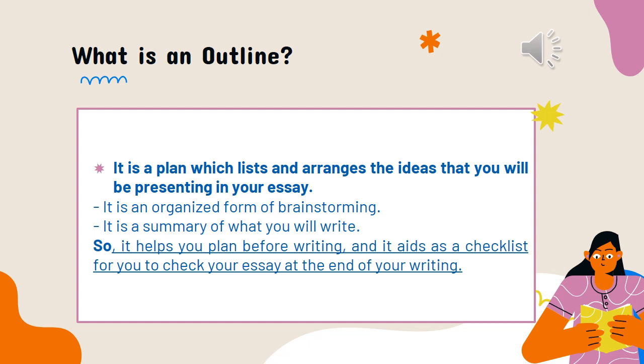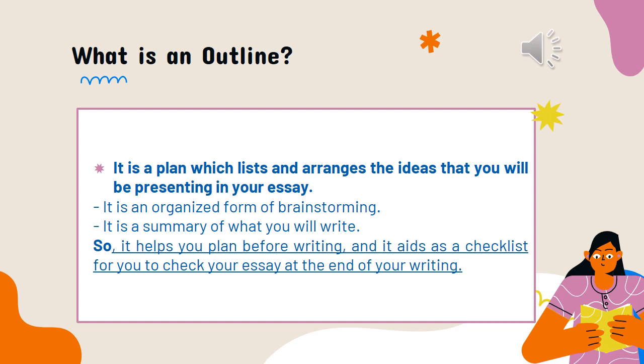We said before that brainstorming means thinking of your ideas, whatever comes to your mind, and writing them down. So we write all our ideas down as sentences, as words, as we imagine them as pictures, whatever. In that way, we think of ideas and put them in front of us. We decide what ideas we want to include in our writing, and then we put them as a plan in an outline, and this plan summarizes what we will be writing about.